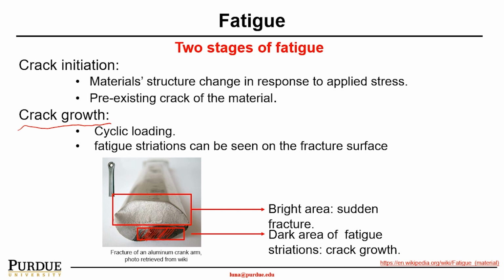So the material breaks, or in this case, this part of the aluminum crank arm will all of a sudden break into a couple of pieces. Therefore, what we really need to be concerned about is this crack growth time, which we'll talk about in the next class, week 2, in linear fracture mechanics.